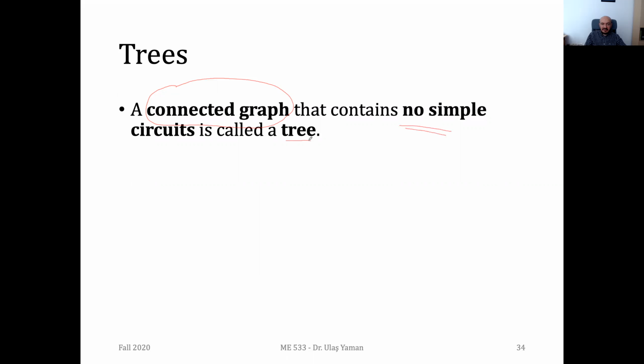In the trees, we shouldn't have any circuits inside. And the other thing is that the tree should still be a connected graph. So we can say that a tree is a kind of a subdomain of connected graphs.